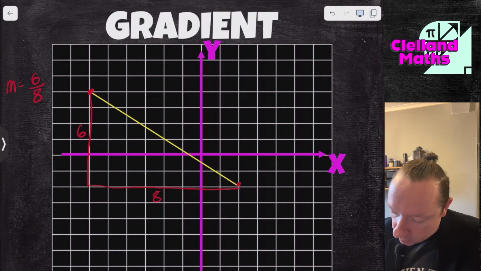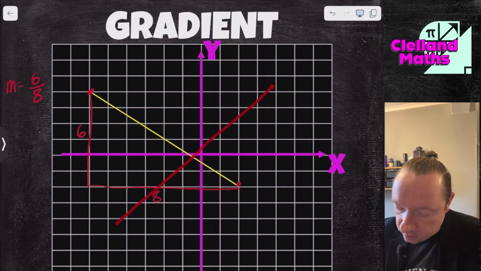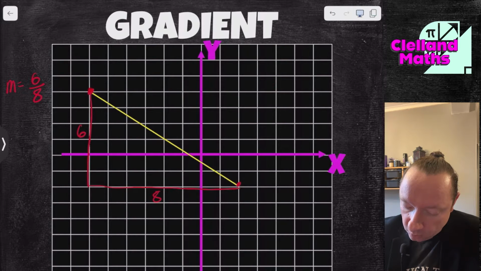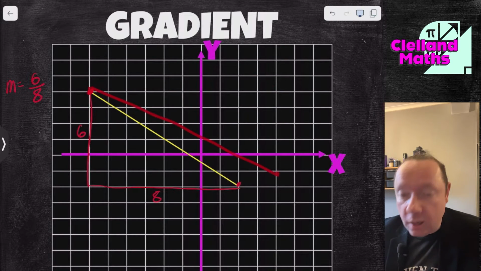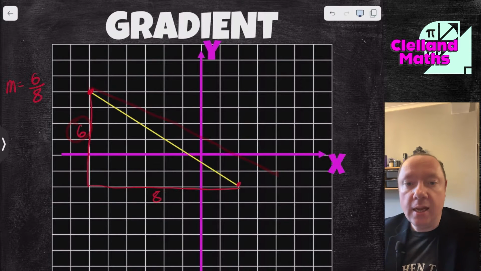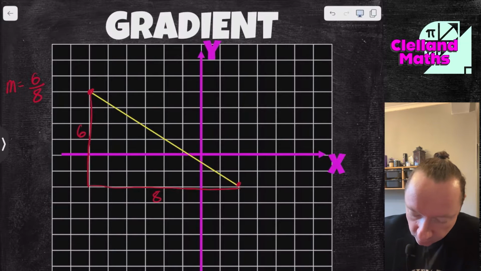Ones that slope up the way, starting low and going high, are positive gradients. But ones that slope down the way, starting high and getting lower, are negative gradients. So you need to remember to put a minus on this when you're sloping down the way. We're counting down the way, so it's minus. Simplify fractions: divide top and bottom by 2 to get minus 3/4 as our gradient for this line.